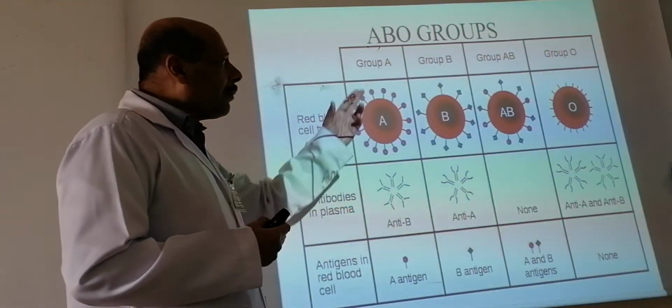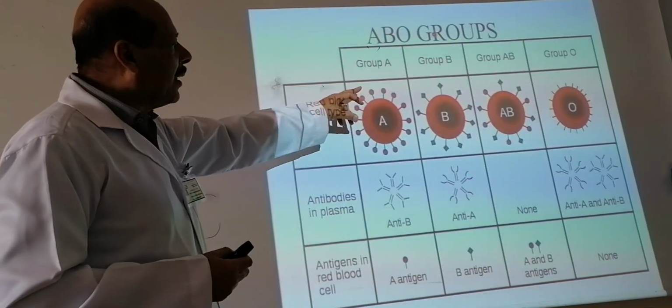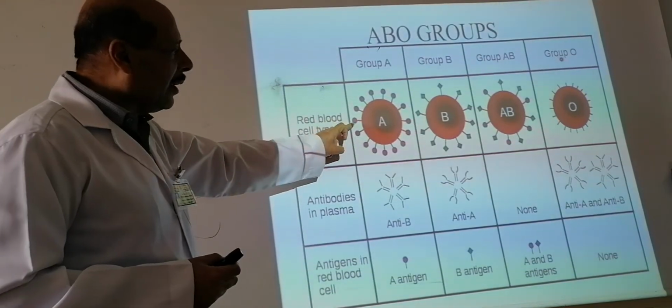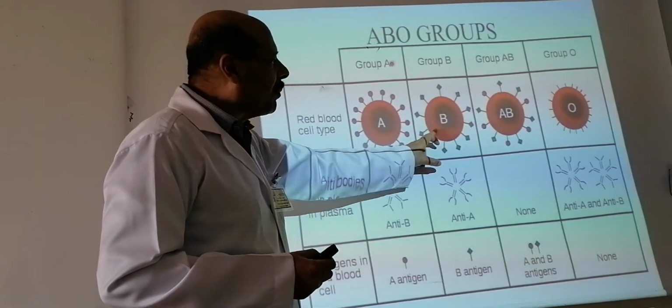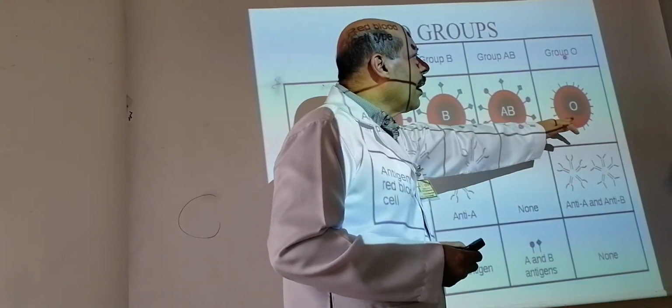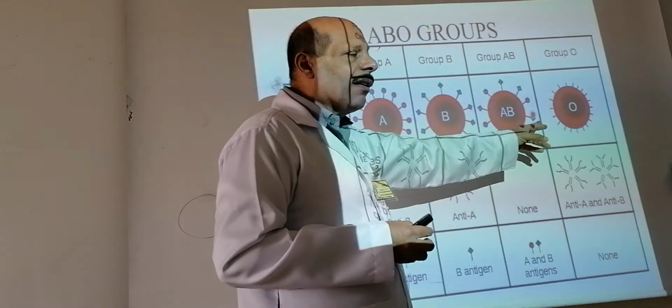So the ABO group: the red blood cells of group A contain the antigen A, B contains the antigen B, AB contains antigens A and B, and O contains no antigen.